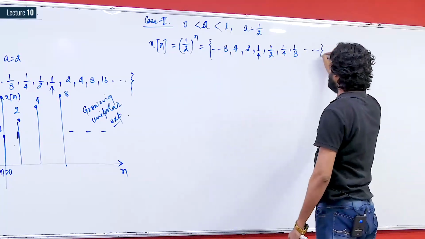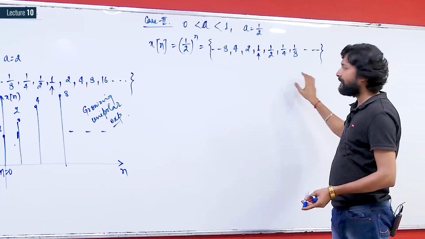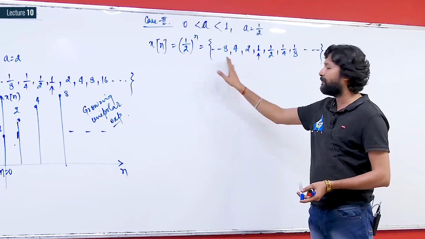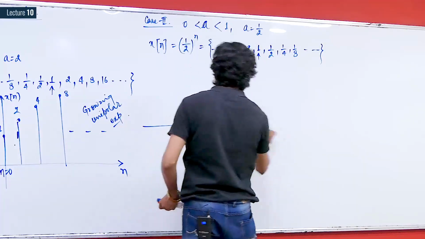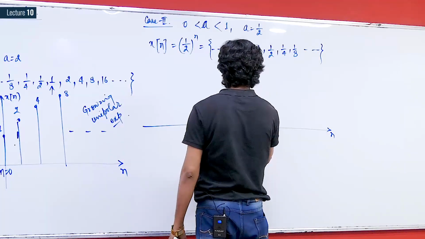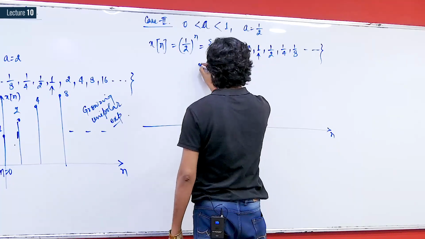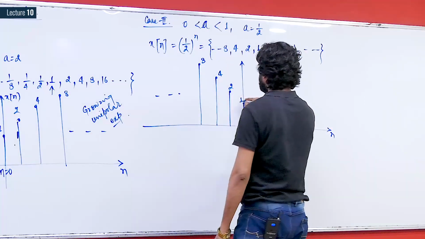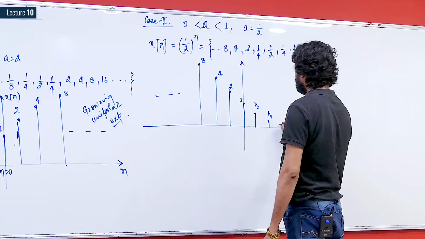So what you can see now is that at n equal to 0 the value is 1, and if we increase n on the right hand side, the values decrease, and if we go to the negative side, the values increase. It means you can plot this signal as a decaying exponential with respect to n. The sample values are 1, then 1 by 2, 1 by 4, 1 by 8 and so on, and on the left 2, 4, 8.